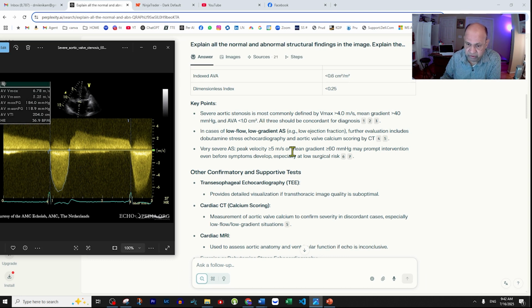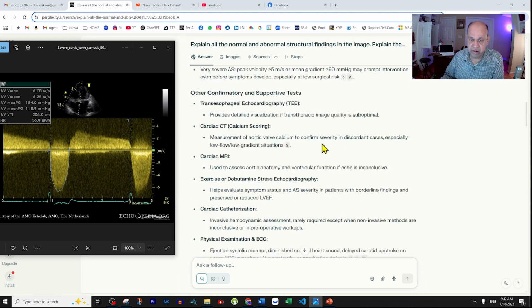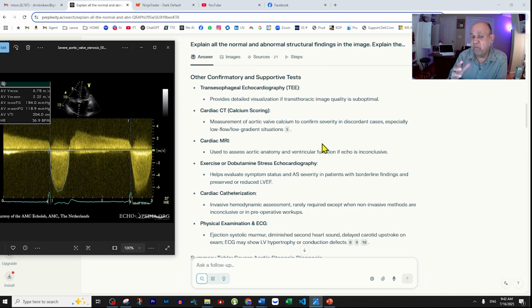So we have all those things. And then I asked, what are the other tests that we can do that can give additional information? This is like more than a textbook, because a textbook has an opinion written by one author, whereas here you get the opinion of the entire medical literature with the latest articles being referenced.